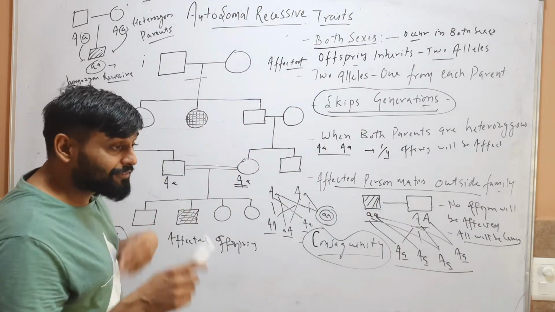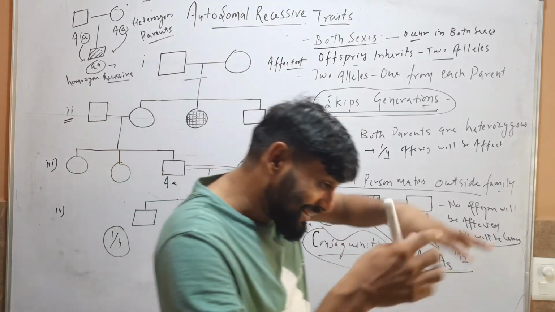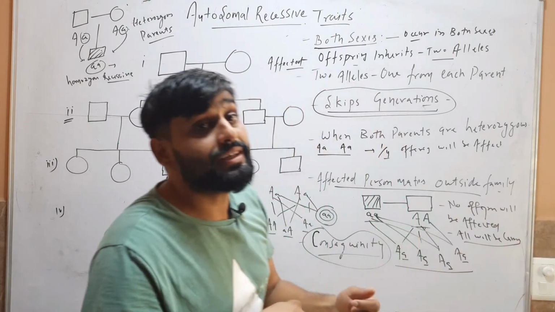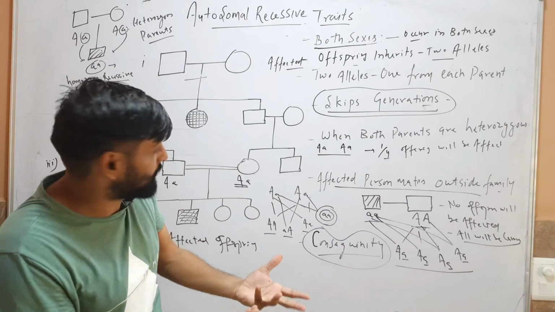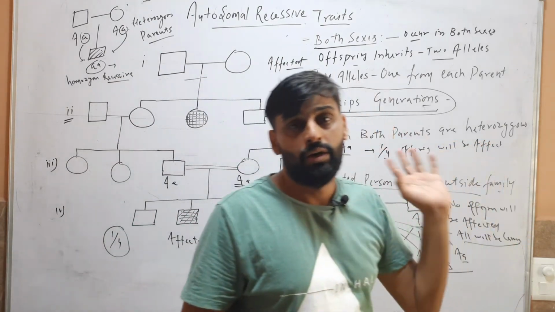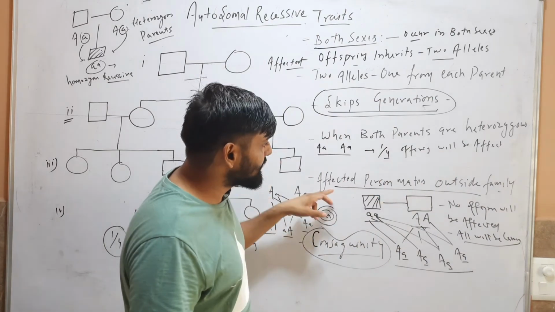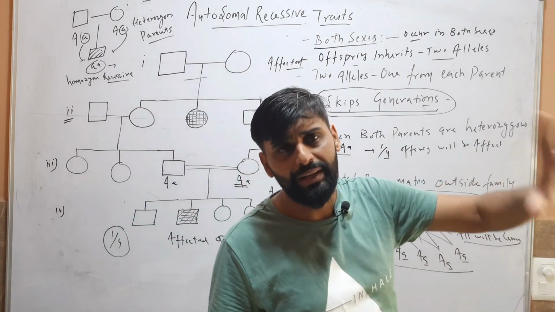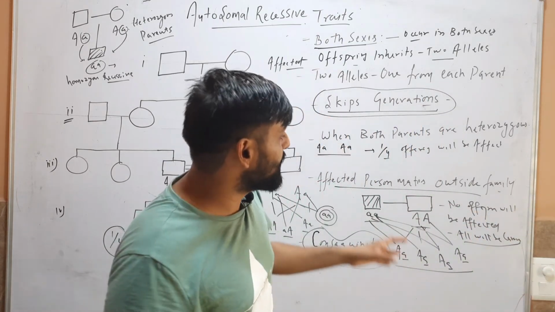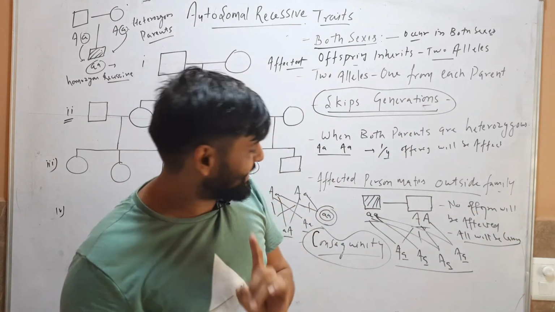It will appear after skipping many generations, so it can remain hidden in generations and then suddenly appear. When both parents are heterozygous, 1/4 of their offspring will be affected. When an affected person mates outside the family, none of their offspring will be affected, but all will be carriers.